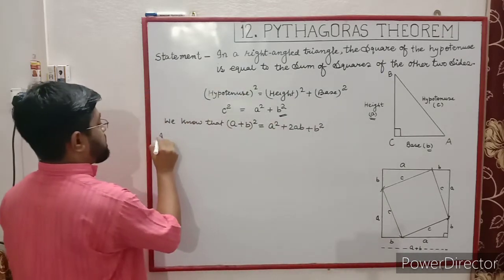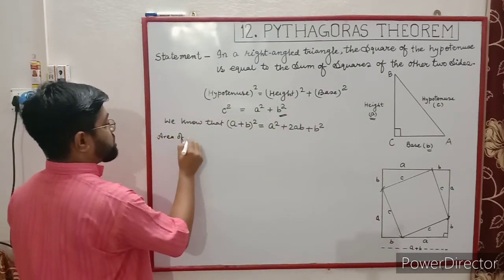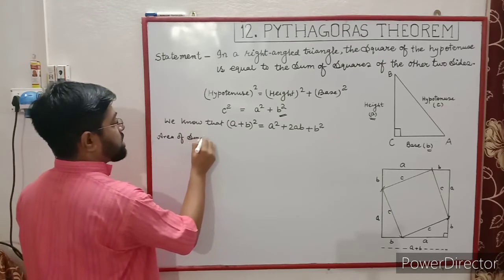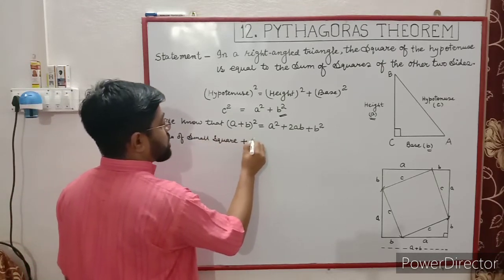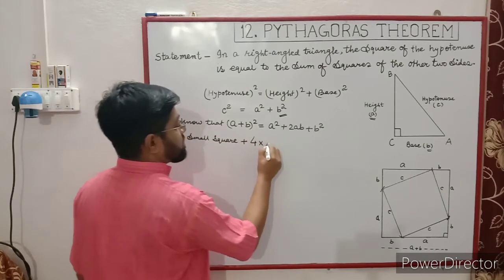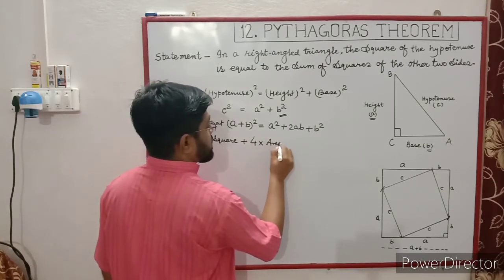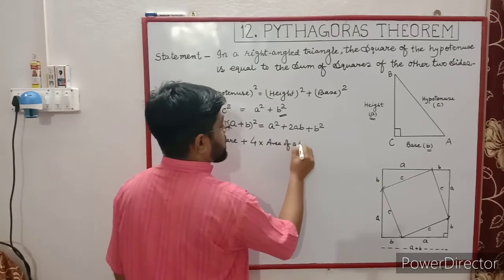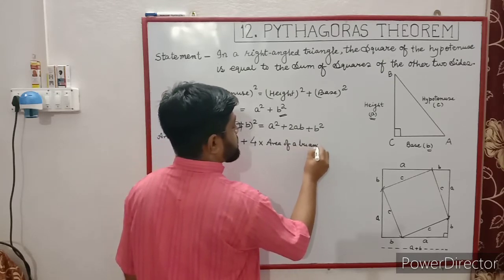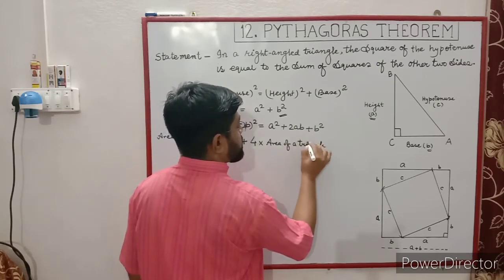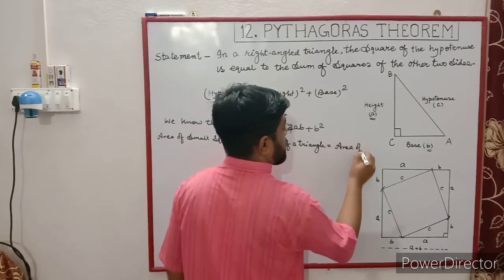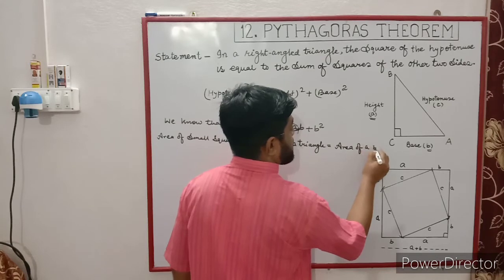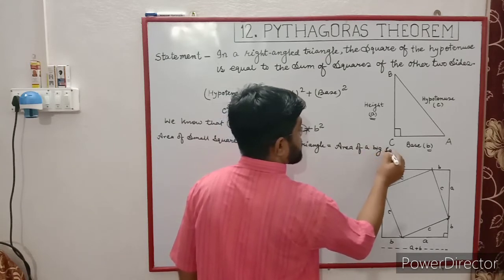So area of a small square plus 4 times area of a triangle is equal to area of a big square.